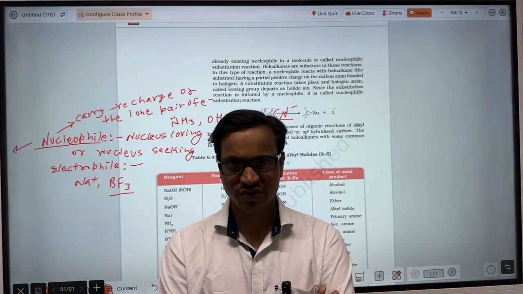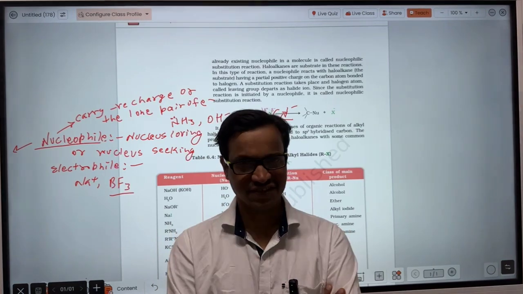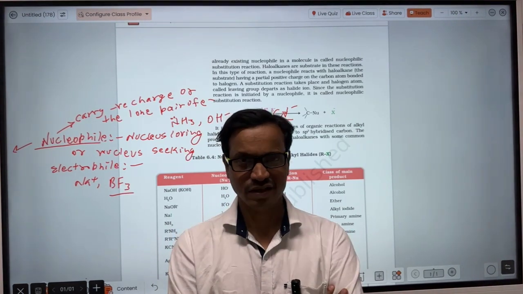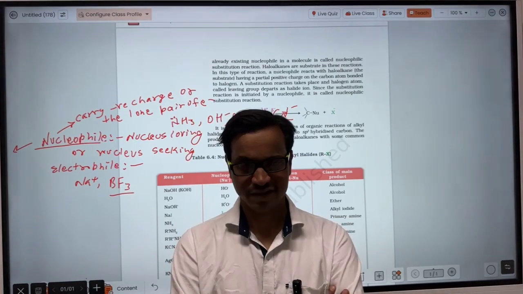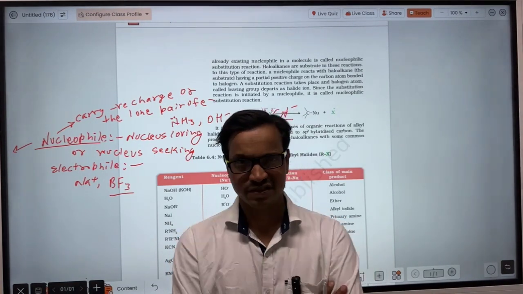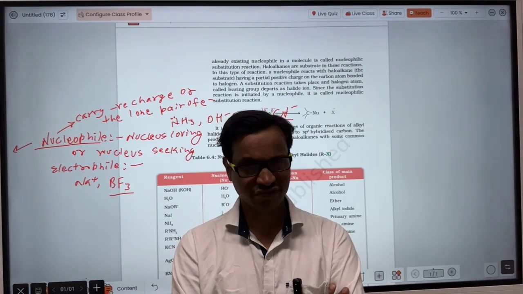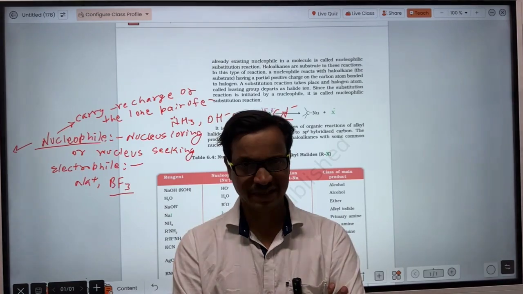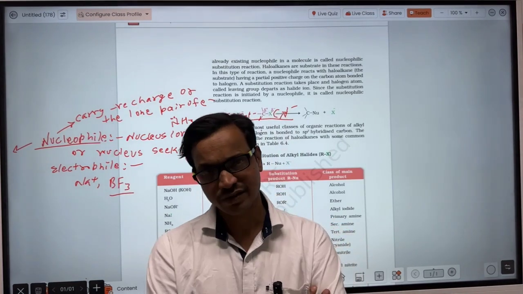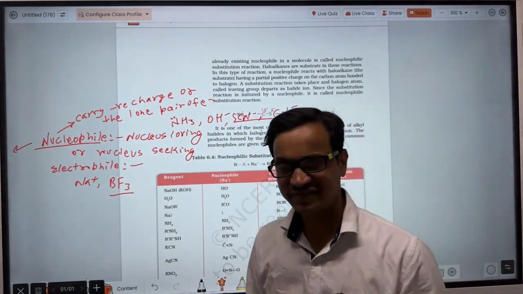In the same way, a nucleophile, or nucleus loving, will be those species which attack towards the positive side. Those ions or molecules act as nucleophiles in which there is a negative charge or the atom contains a lone pair of electrons.